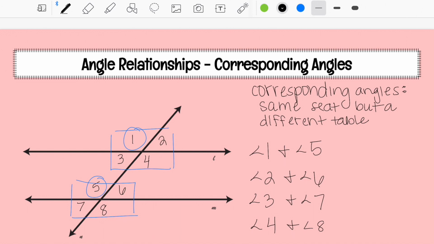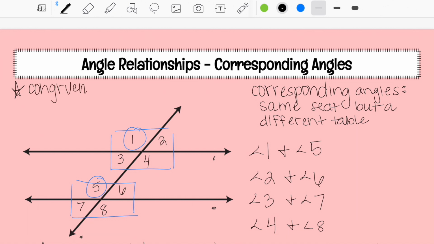So now that we know what corresponding angles are, let's talk about their actual relationship. Corresponding angles, and this is very important, and you will look at this in Algebra 1 and Geometry, are congruent. And remember, congruent means the exact same. So let's write this up here.